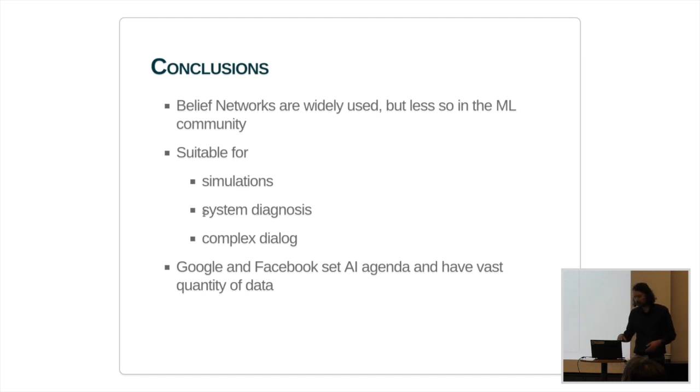They're used for all these scenarios, and can be used for complex dialogue. If someone wants to ask an expert something, then that expert can be a belief network, which can choose the next thing to ask the user back, and so forth. So you don't get these hard-coded chatbot trees, which are so frustrating.